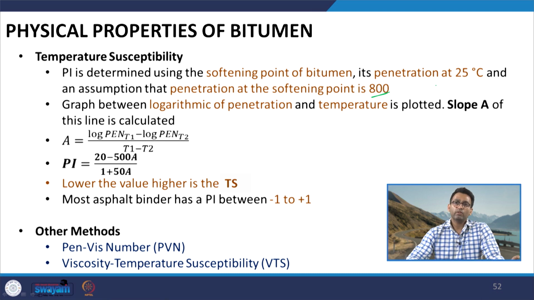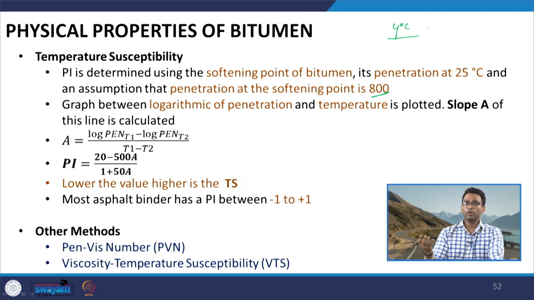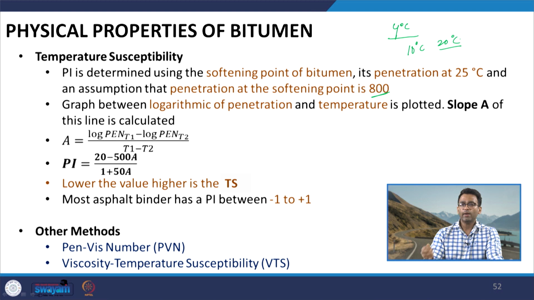If you remember, when we were discussing the penetration test, we also discussed that a few specifications required the penetration of the bitumen to be done at 4 degrees Celsius. So, we can do the penetration test at 4, 10 or 20 degrees Celsius, any other temperature than 25 degrees Celsius, and then use this concept to determine the penetration index.